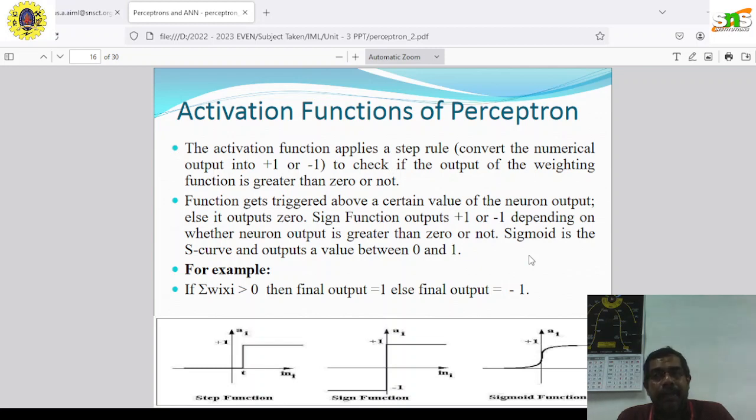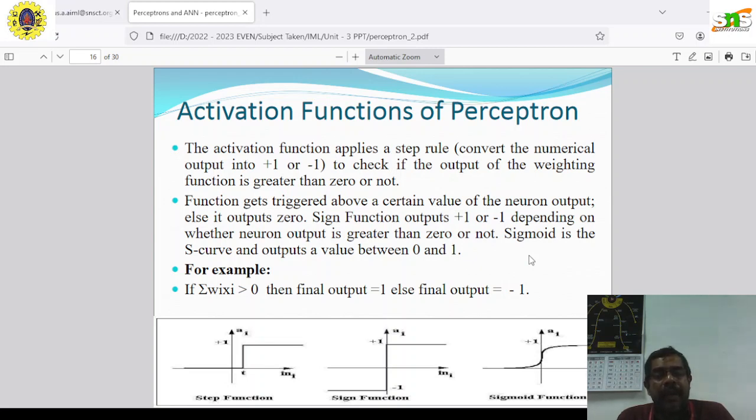Then the summation part, the summation of i equal to 1 up to m of wi and xi. Finally we go with the activation function. This activation function should be greater than 0, as we said earlier, so the final output should be 1, or the output should be -1.